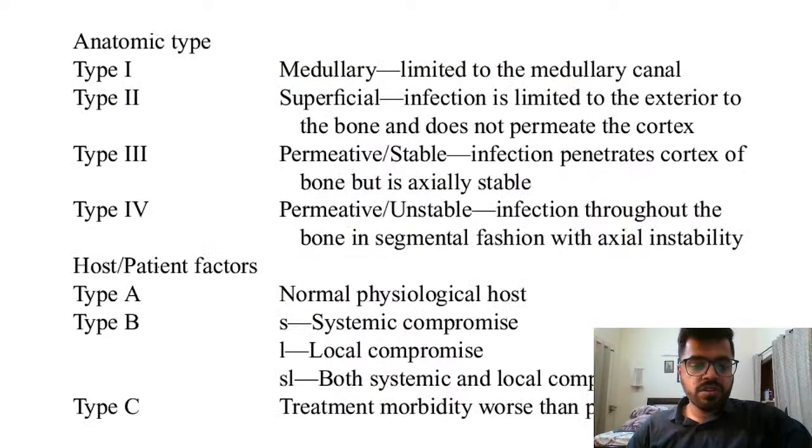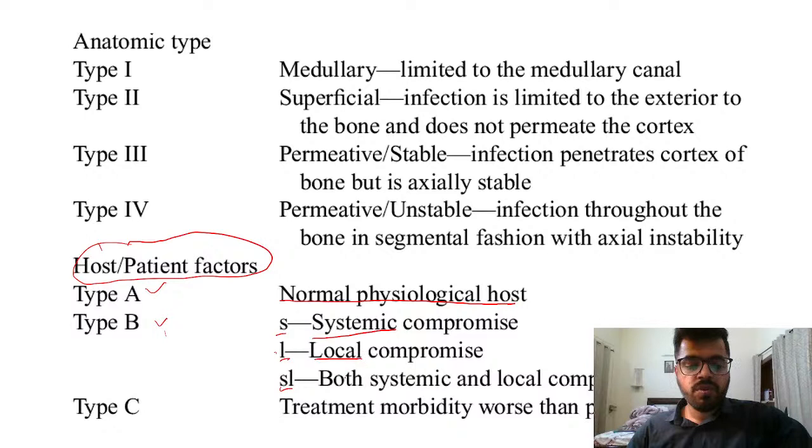Then we come to the patient or host factors. Type A is a normal physiologic host, no comorbidities. Type B is divided into S, L and SL, that is systemic compromise, local compromise, both systemic and local compromise.